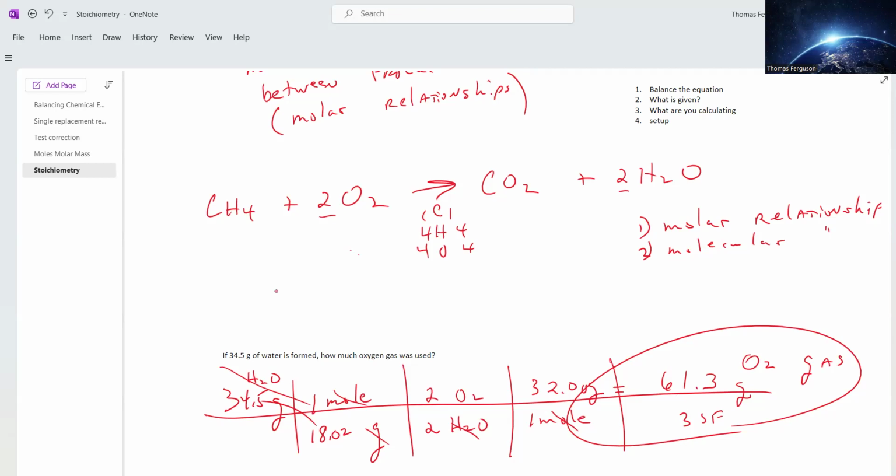Now, when you do the dry lab, called dry lab 7, or whatever our lab number is today, STOI, you're going to do a whole bunch of stoichiometry problems. And when you look down, when you're all done, you're going to notice that they all look like this. So the pattern is the same.